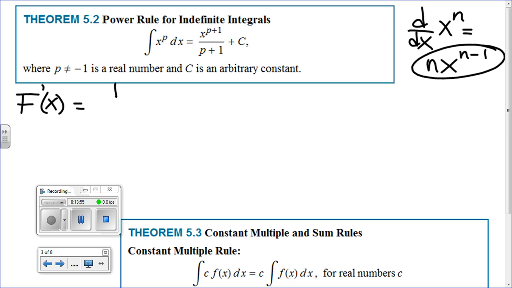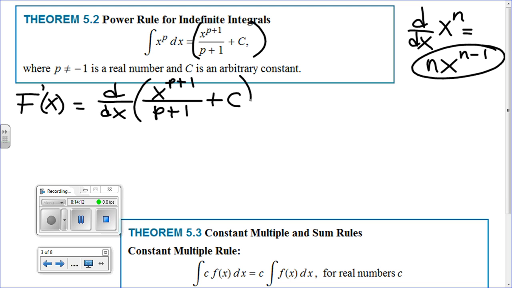It's short. So d over dx. And then I'm going to take this expression here, okay? And we're going to take the derivative of it. So it will be x to the power p plus 1 over p plus 1 plus c. Okay? And so in this case, what I'm going to do is break it into 2.